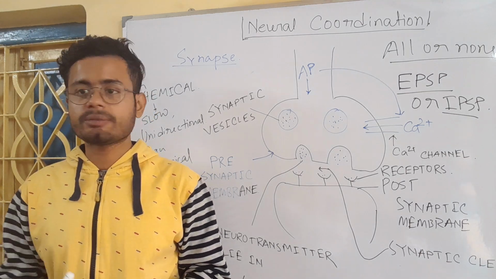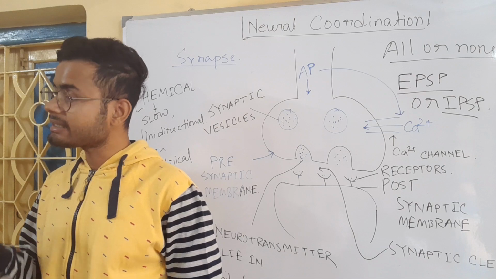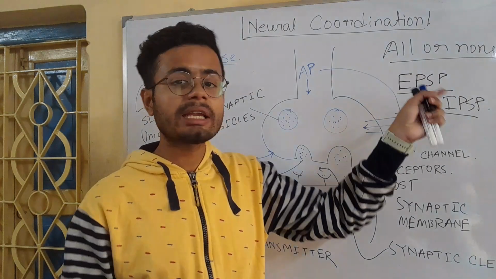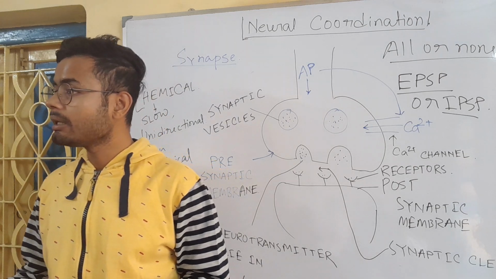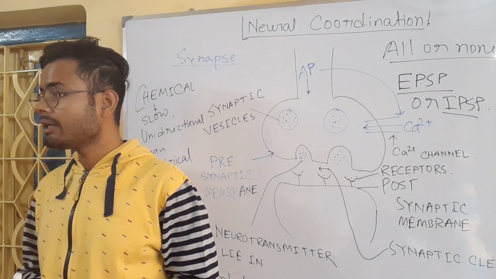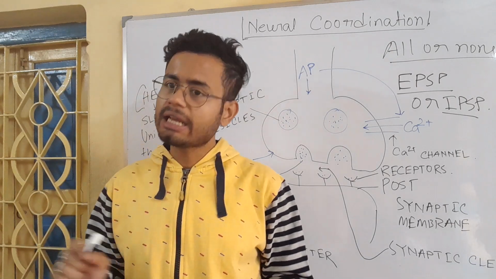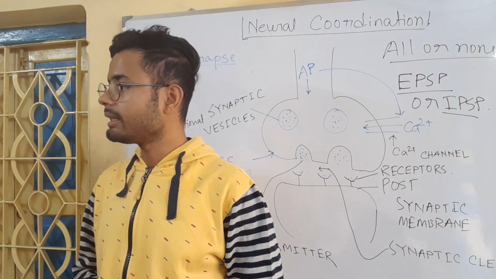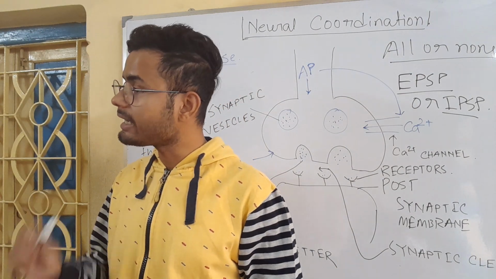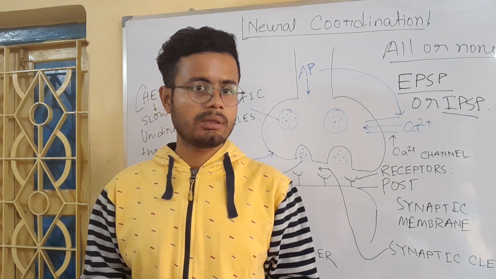If the neurotransmitter is excitatory in nature, like acetylcholine, it would cause an excitatory postsynaptic potential. And if the neurotransmitter is inhibitory in nature, like GABA, like serotonin, then IPSP would occur, an inhibitory postsynaptic potential.